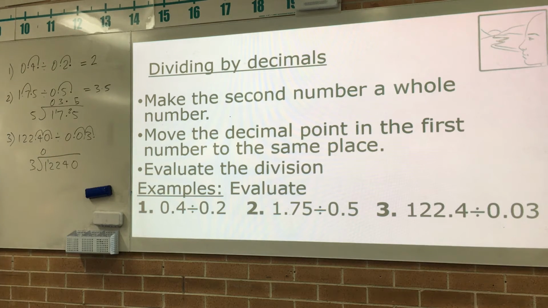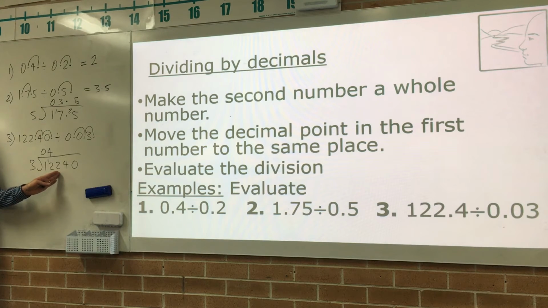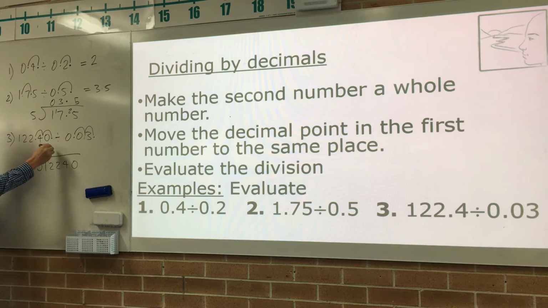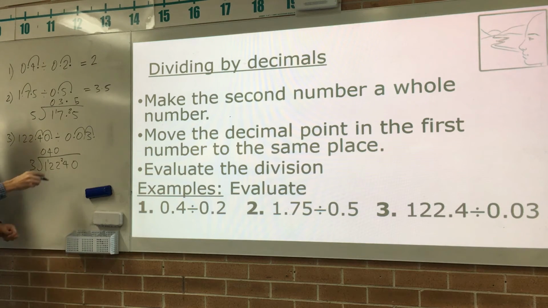It's now 3 into 12. How many times does 3 go into 12? 4 times. Great work. Do I have anything left over? No. I then do 3 into 2. Does 3 go into 2? No. 0. Carry the 2. Before we carry the 2, make sure you write the 0, then carry the 2. Does 3 go into 24? Yes. How many times does 3 go into 24? 8, thank you. 3 goes into 24 8 times with 0 left over.